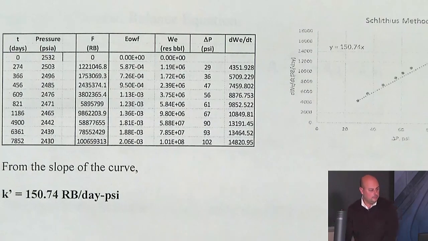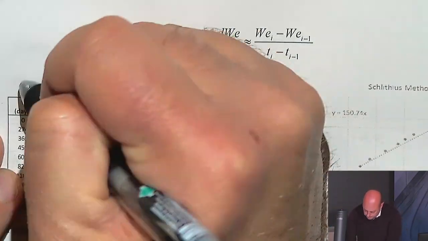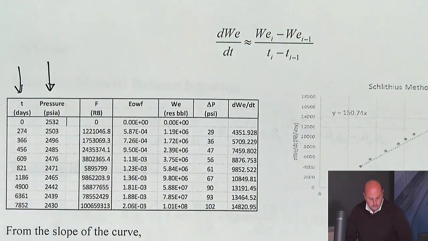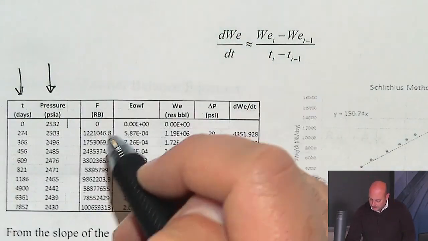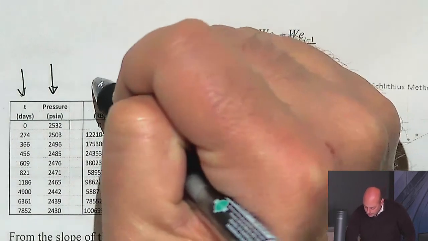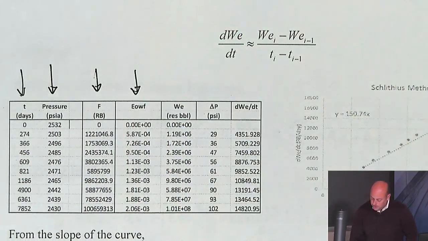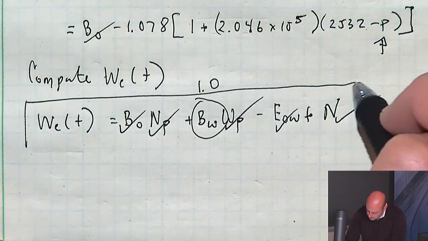So this column and this column are given. Those were in there. Then I calculated F, which is BO NP plus BW WP. Those were both given. So I calculated F in reservoir barrels, calculated EOWF with the equation I gave you. Then I can calculate WE from this equation.